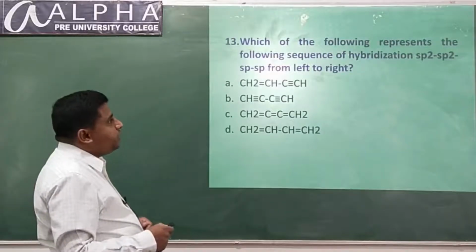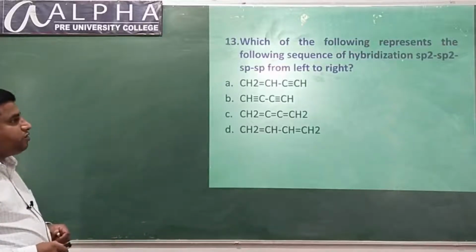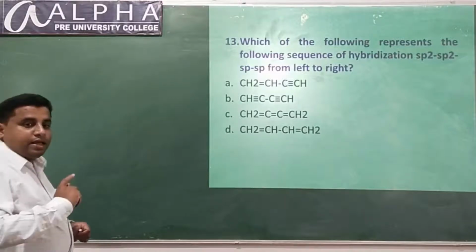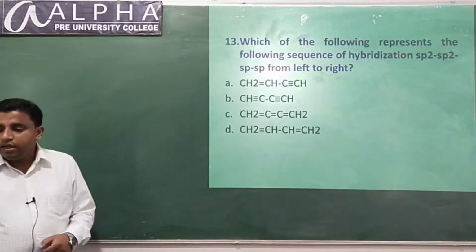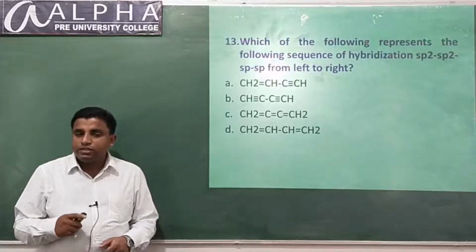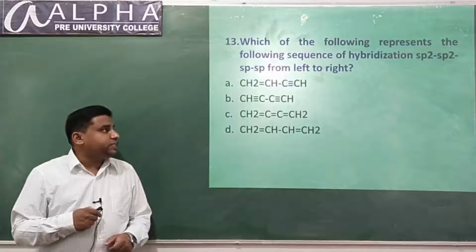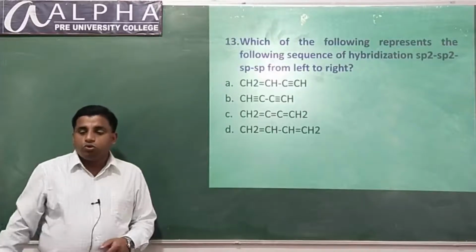Which of the following represents the following sequence of hybridization: sp2, sp2, sp, sp, from left to right?